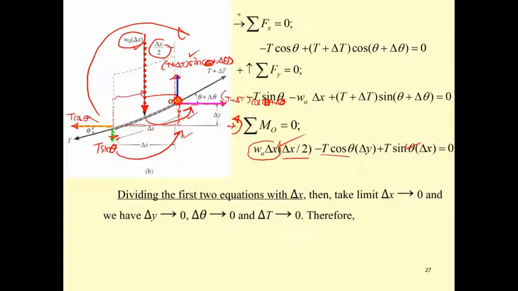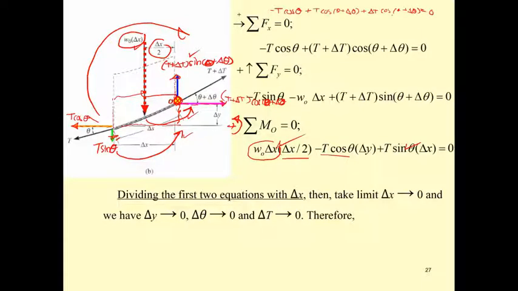delta x to be a very small differential dx, and if we do that, okay, the first equation you may write: minus T cosine theta, plus T cosine theta plus delta theta, plus delta T times cosine theta plus delta theta, equal to 0.